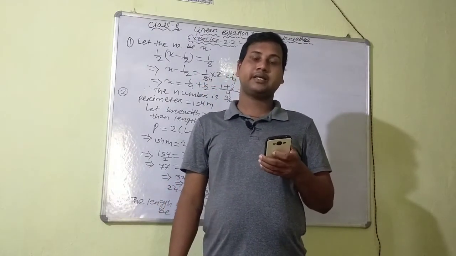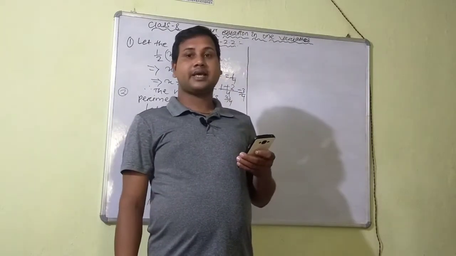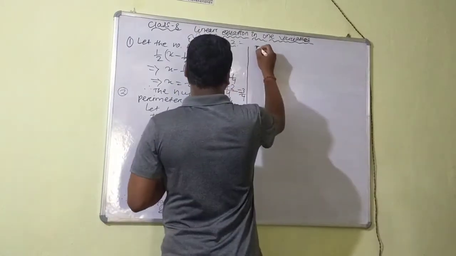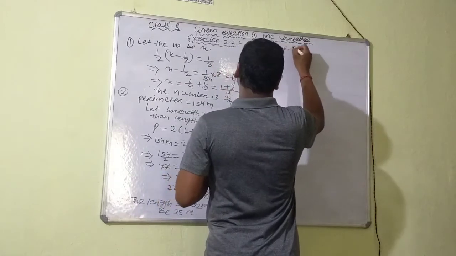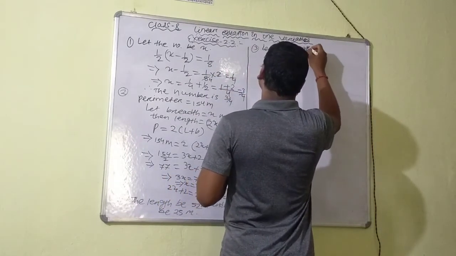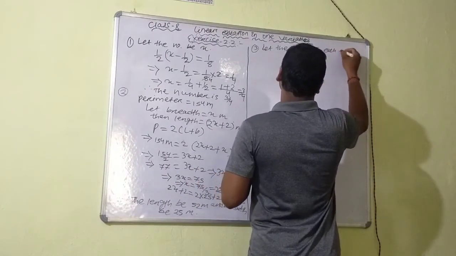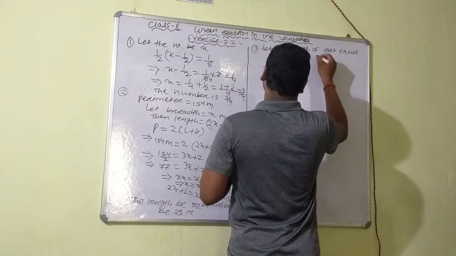So we'll take here, let the length of the equal side be x. So now to write, let the length of each equal side be x.